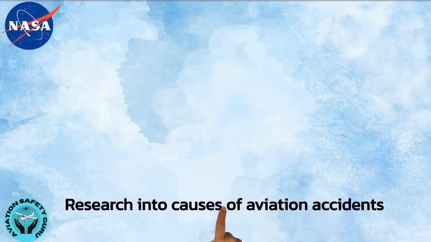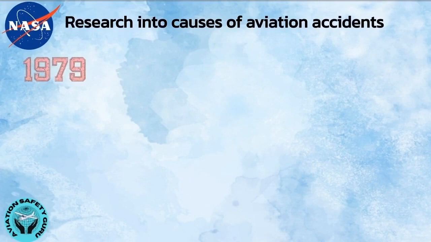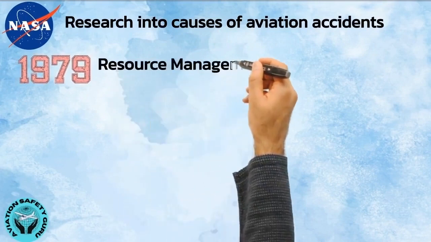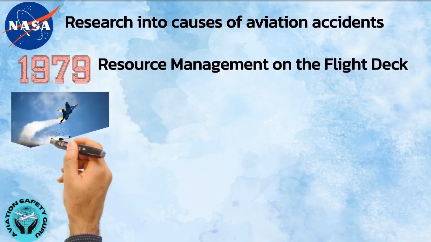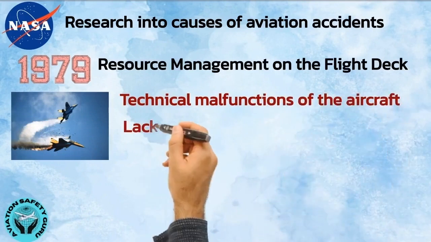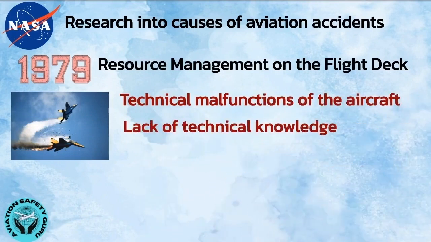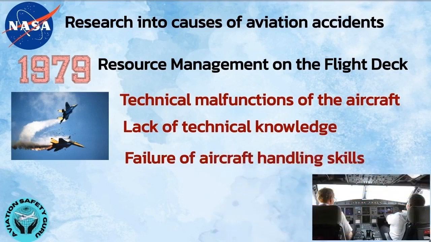Therefore, NASA launched research into causes of aviation accidents, and, in 1979, organized a workshop on resource management on the flight deck. It concluded that most accidents do not result from technical malfunctions of the aircraft, lack of technical knowledge, or failure of aircraft handling skills on the part of the crew.